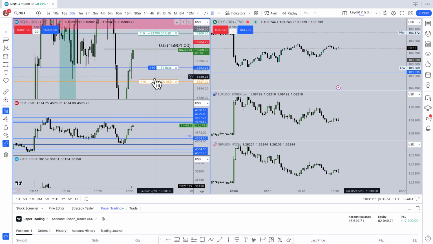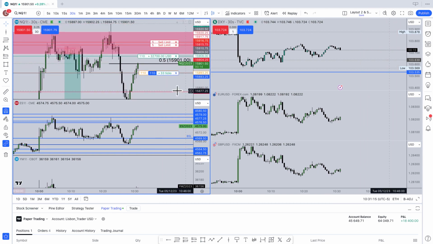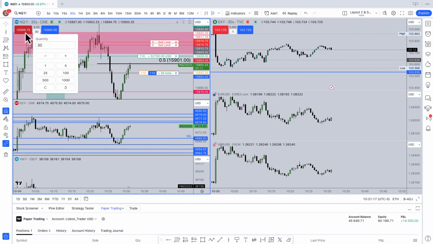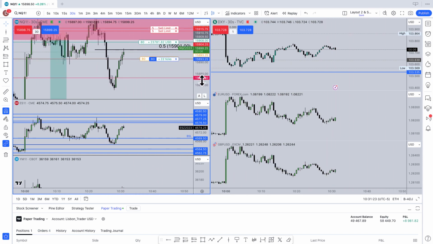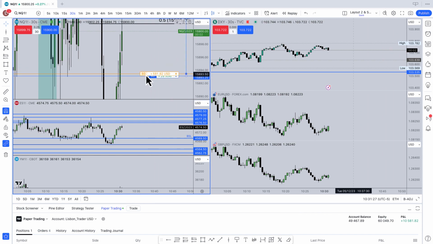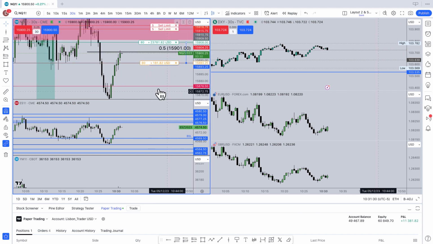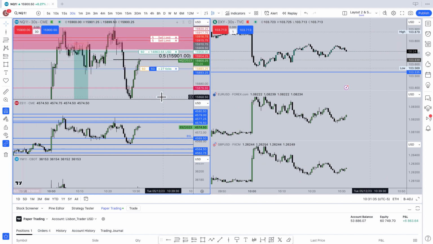$11,000, take some partials here. There. So 59, back to balance. Back to initial balance with the break-even trade. That will be reaching the 50%, so I take another partial.